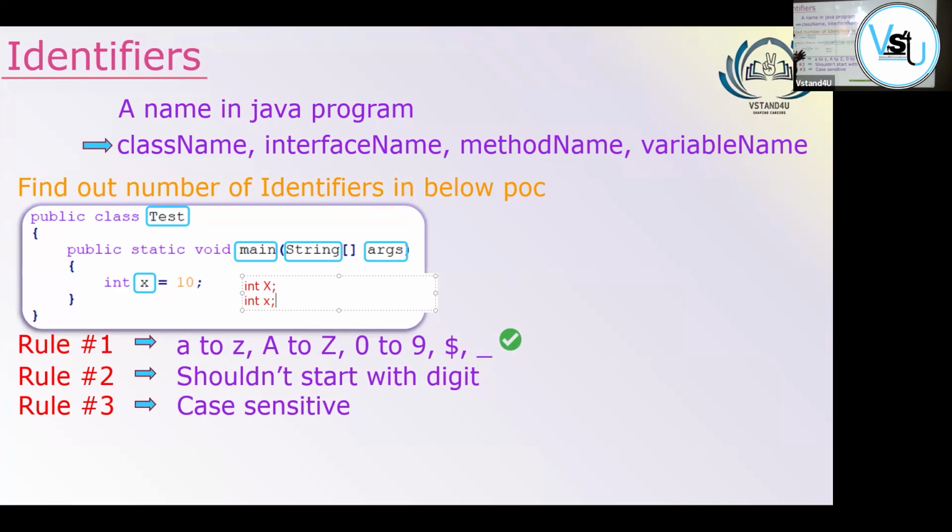And ideally speaking, is it recommended that I write a variable name starting with the uppercase? No. Reason? We follow naming convention starting with uppercase only for the class names. So variable's name or method's name must start with the lowercase, whereas class name must start with uppercase.